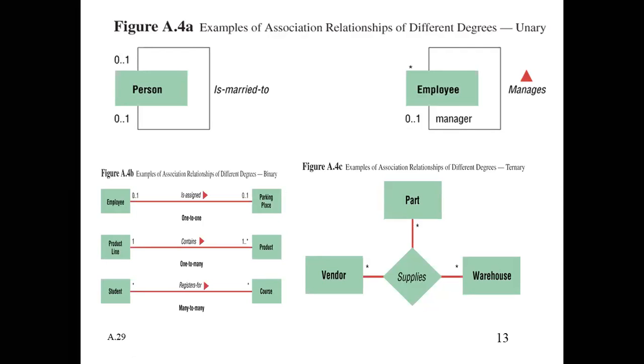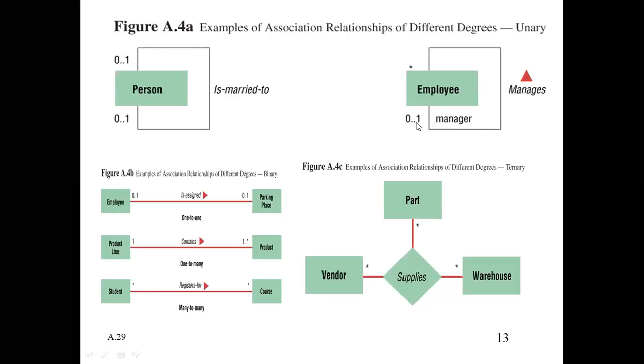The concept is a mapping from 0 to 1 to 0 to 1. A person is married to a person, so it is shown in the form of a loop. Here you can see an employee managing. 0 to 1 manager can manage n number of employees.